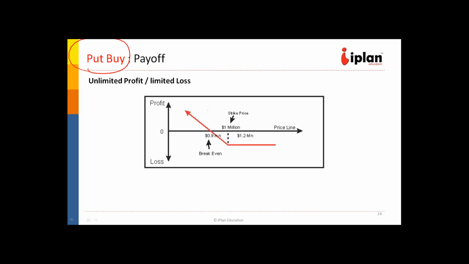And if price increases, he will not execute the option. In that situation, what will be his loss? Here it is written wrong, 1.1. So if price increases, his loss will be maximum limited to the amount of premium he paid. And if price goes down, he will exercise and he will make unlimited profit. Fine.